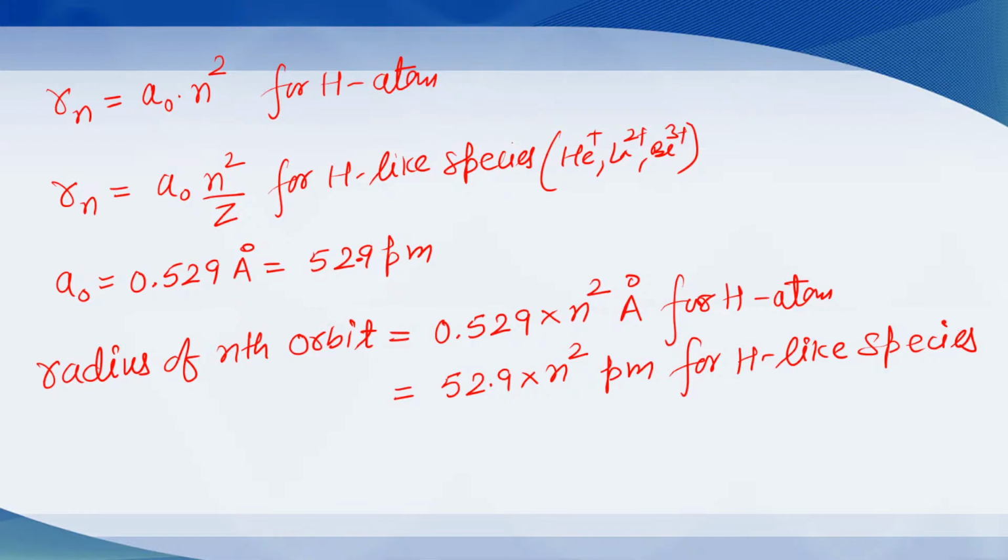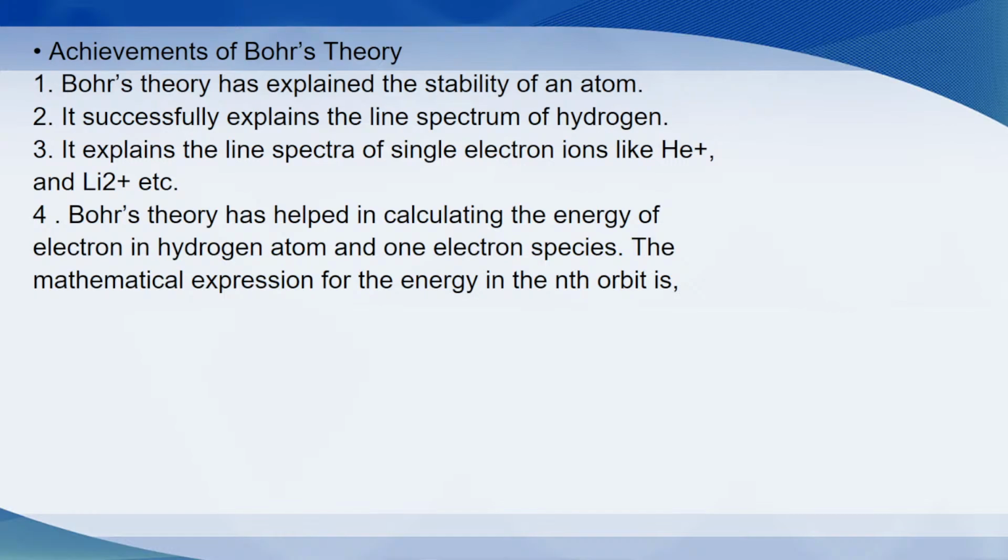Now, achievements. The first achievement is Bohr's theory has explained the stability of an atom. Rutherford was unable to explain the stability of the atom because, according to electromagnetic wave theory, the electron would ultimately fall into the nucleus. But Bohr explained that as long as the electron is revolving in the same particular orbit, its energy remains the same.